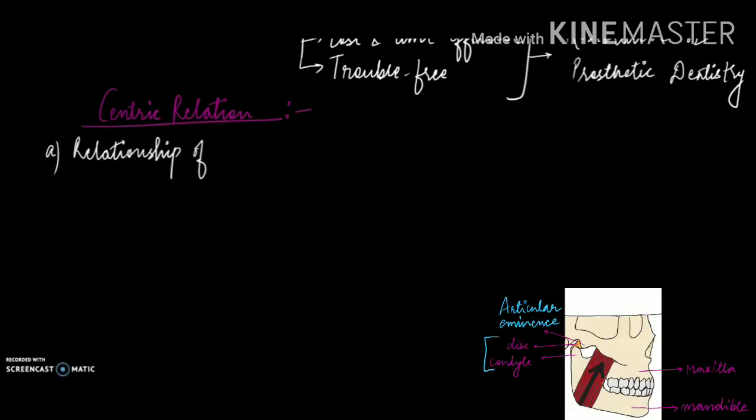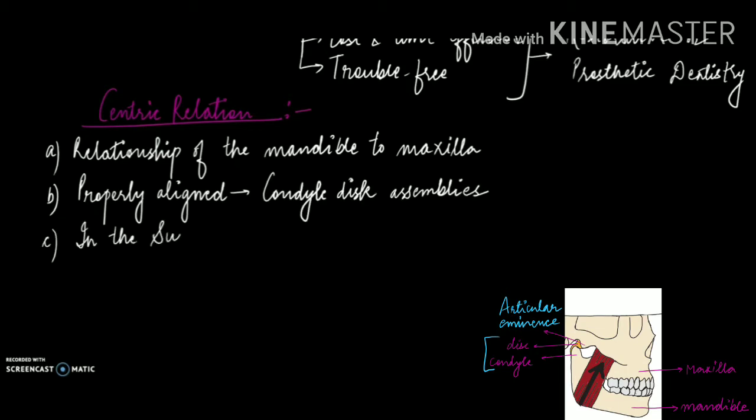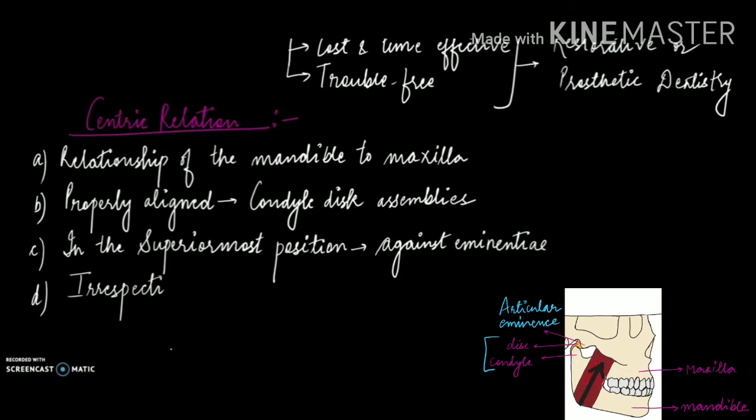We will divide the definition of centric relation into small parts, which will make it very easy for you to understand. So centric relation is the relationship of mandible to maxilla, as you can see in this picture, when the properly aligned condyle disc assemblies are in the superior-most position against their respective eminentiae, as you can see in the picture. And this position of centric relation is irrespective of vertical dimension or tooth position.